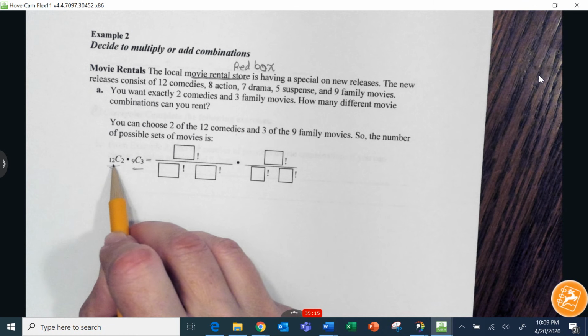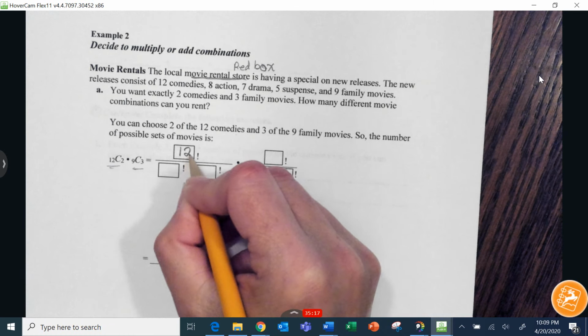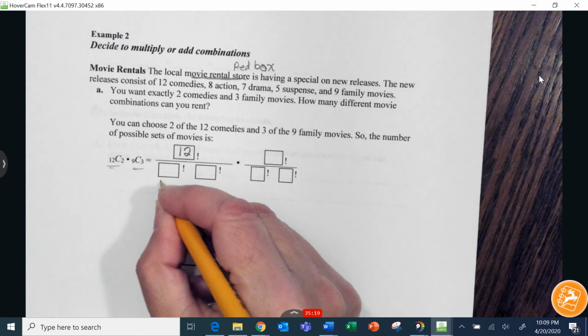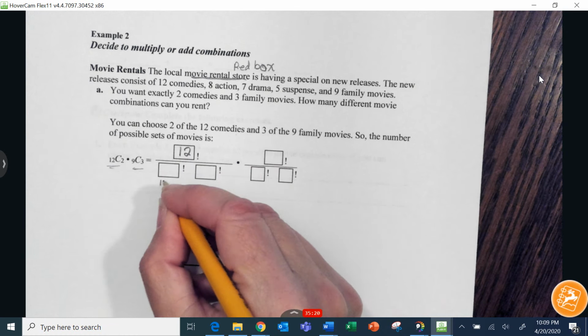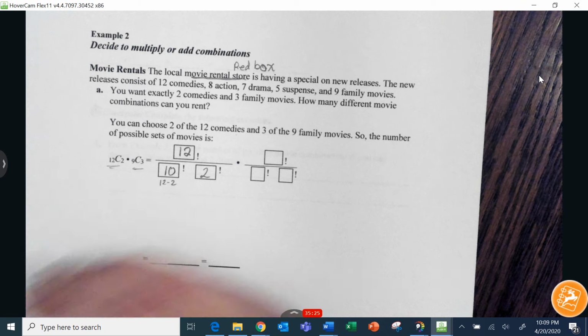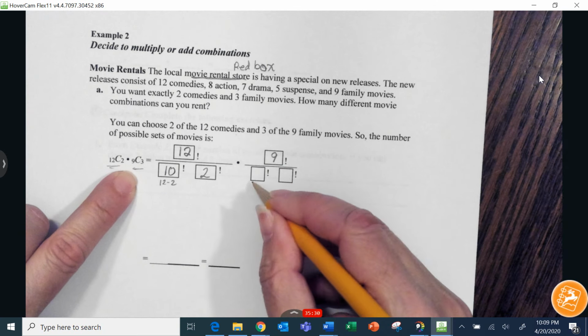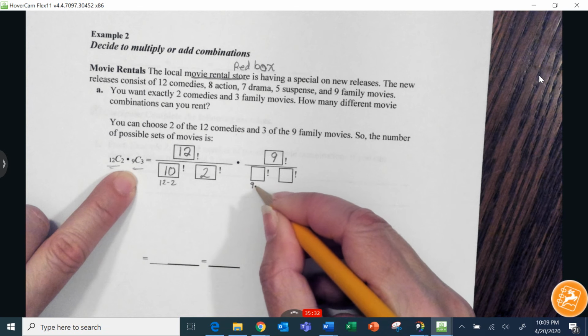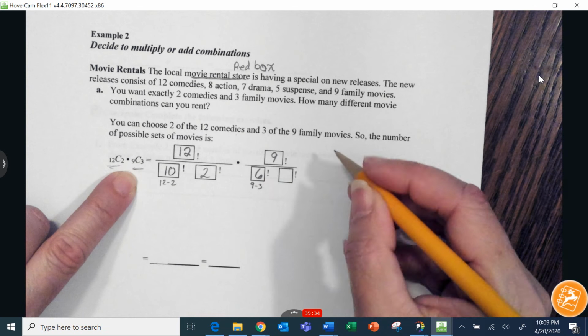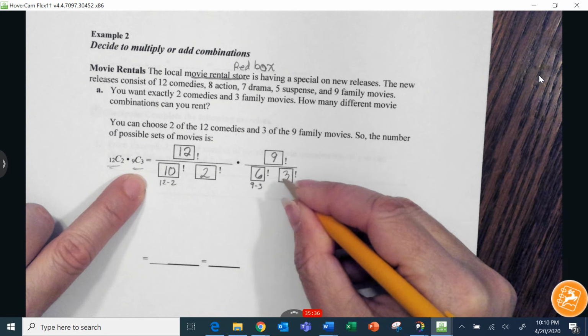So 12 comedies, choose 2, is 12 factorial, and then right here we do 12 minus 2, which is 10 factorial. And then we do 2 factorial here. And then the other one, we're going to do 9 factorial, and we're going to choose 3. So in this space, we're going to do 9 minus 3, which is 6 factorial. And in this space here, we do 3 factorial.